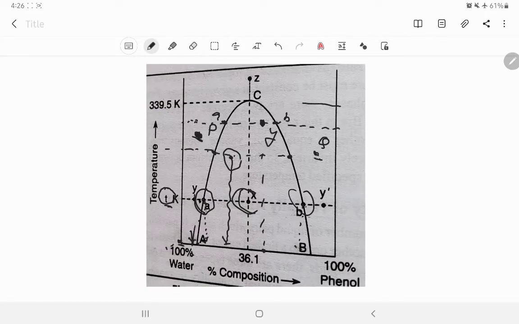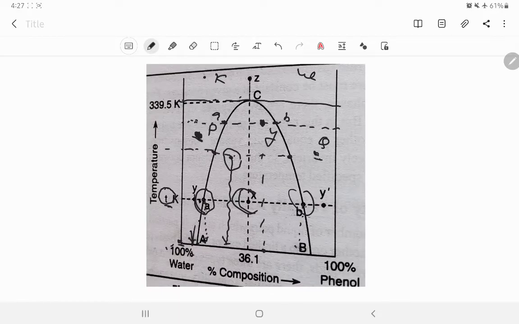Any point above this temperature, suppose Z or here W or here say K, all these points are again unsaturated solutions of water in phenol or phenol in water, whatever may be.